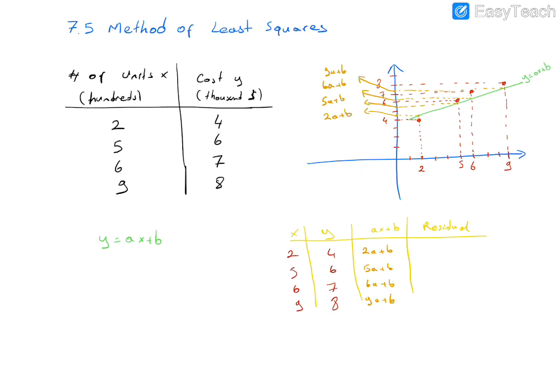Each of these differences is called the residue at the related point: 2, 5, 6, and 9. So let's write the residues: 4 minus 2a minus b, 6 minus 5a minus b, 7 minus 6a minus b, and 8 minus 9a minus b.